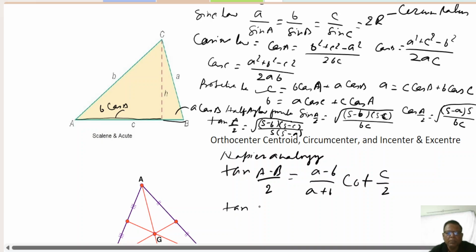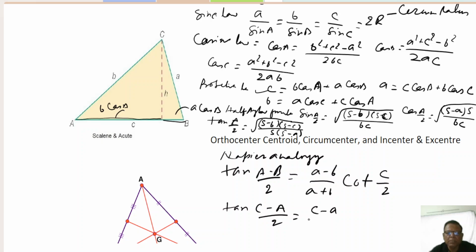Similarly, tan (C minus A) by 2 is equal to (c minus a) upon (c plus a) into cot B by 2.